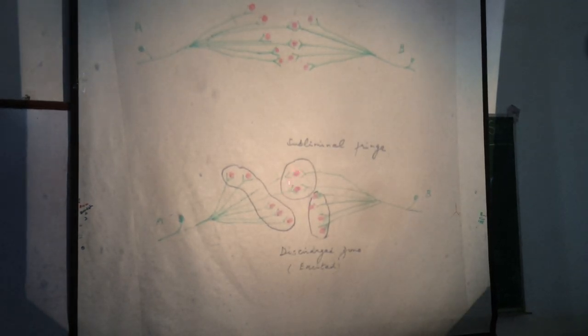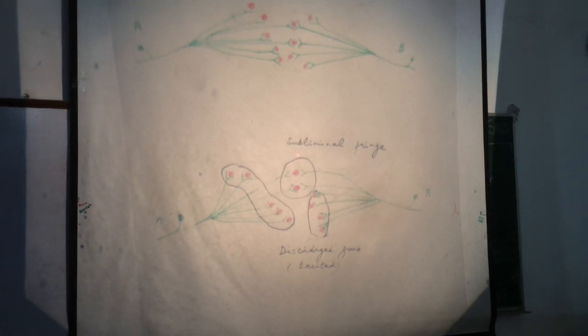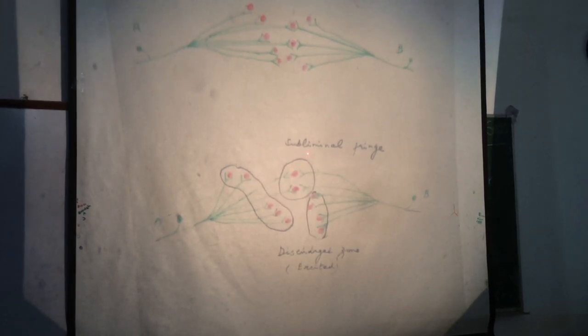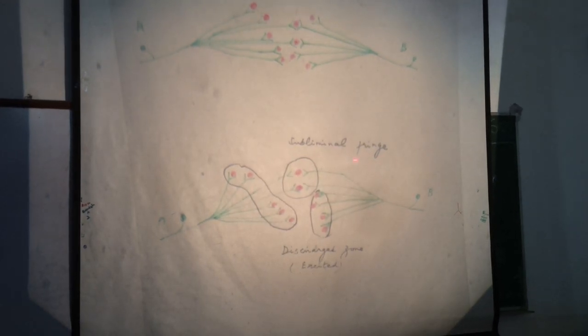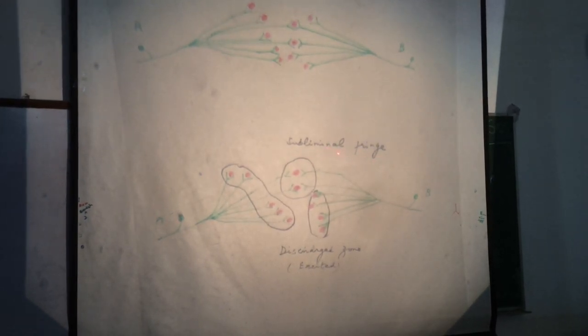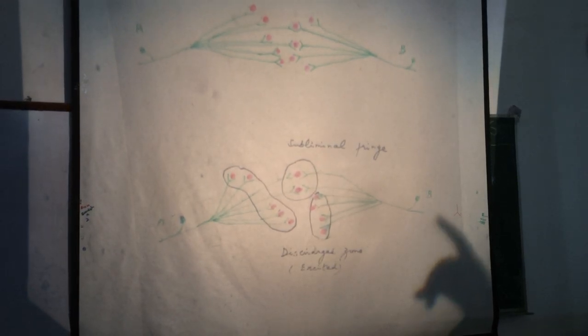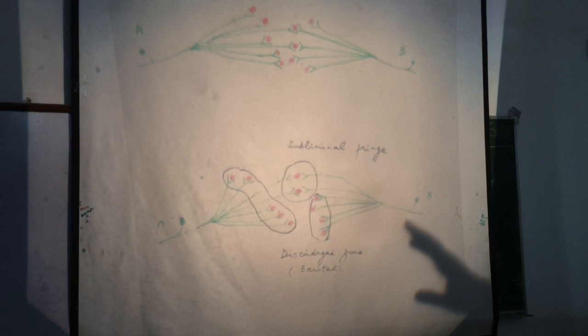So these motor neurons are called neurons in the subliminal fringe. So afferent A supplies 2 types of motor neurons.